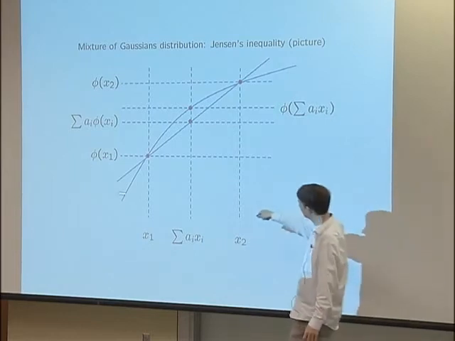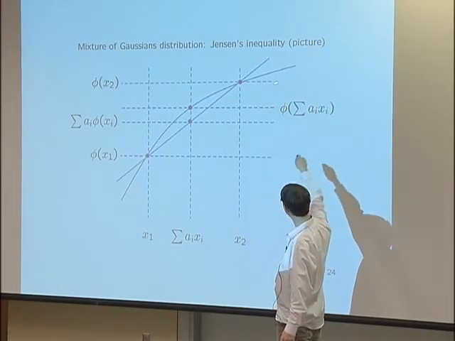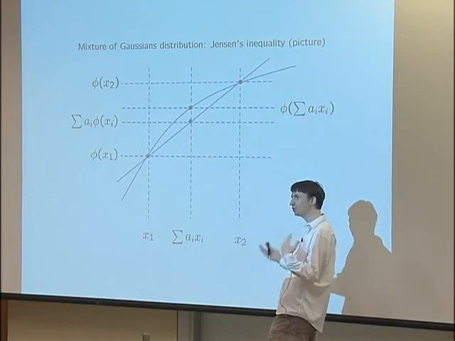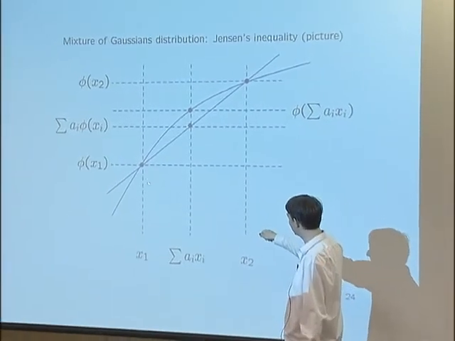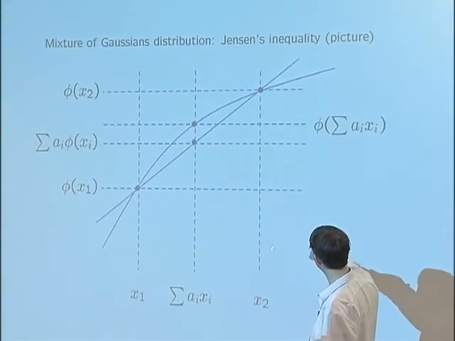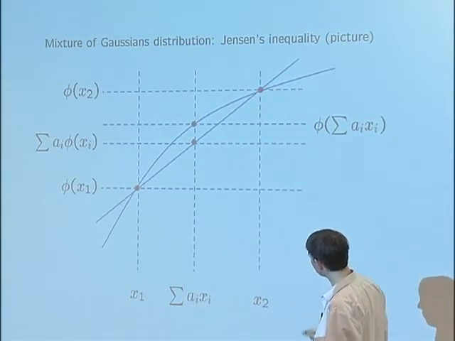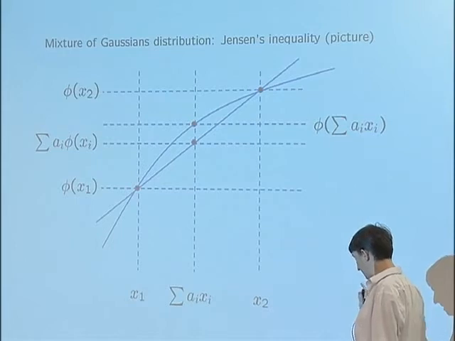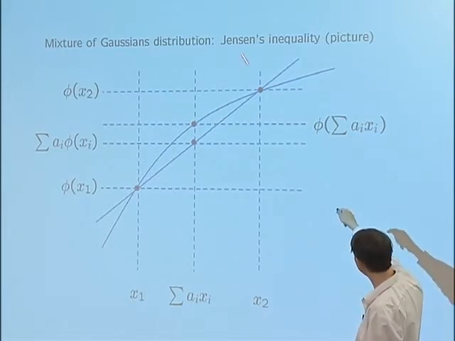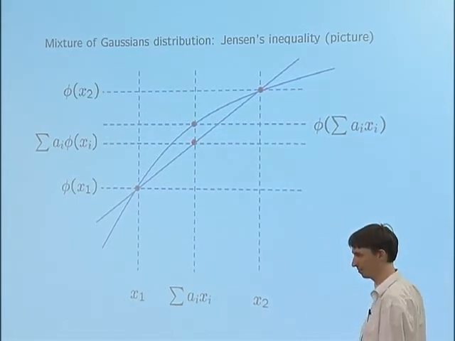This concave function is this line here. And supposing there's just two xi's. Here's one, this is the x value, here's the other. Now, here's phi of x1, here's phi of x2. If we first take the phi and then do the average, we get this value.